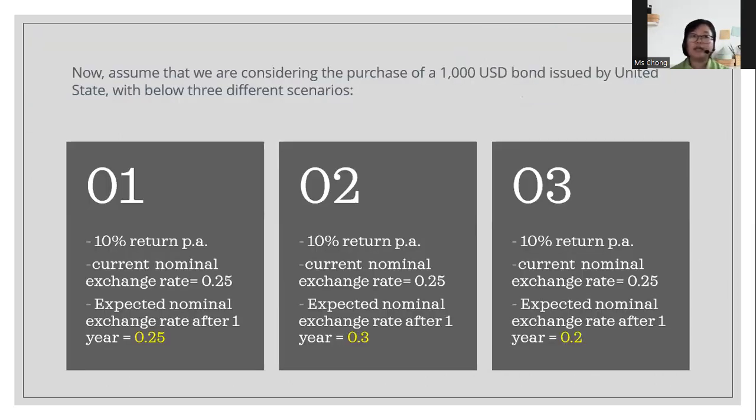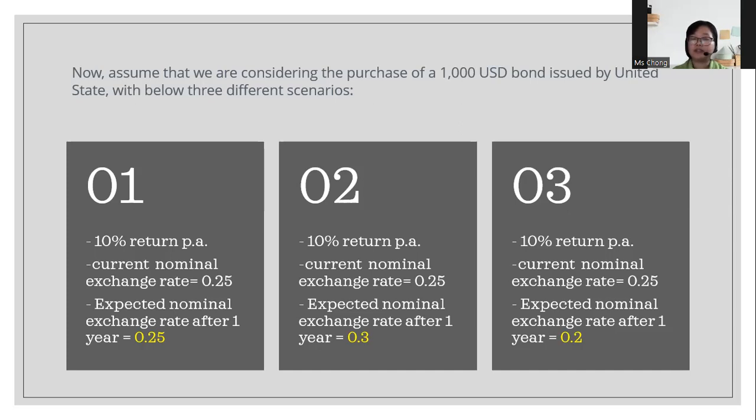Now assume that we are considering the purchase of 1,000 USD bonds issued by the United States under 3 different scenarios. We assume that these 3 plans have the same return on investment.